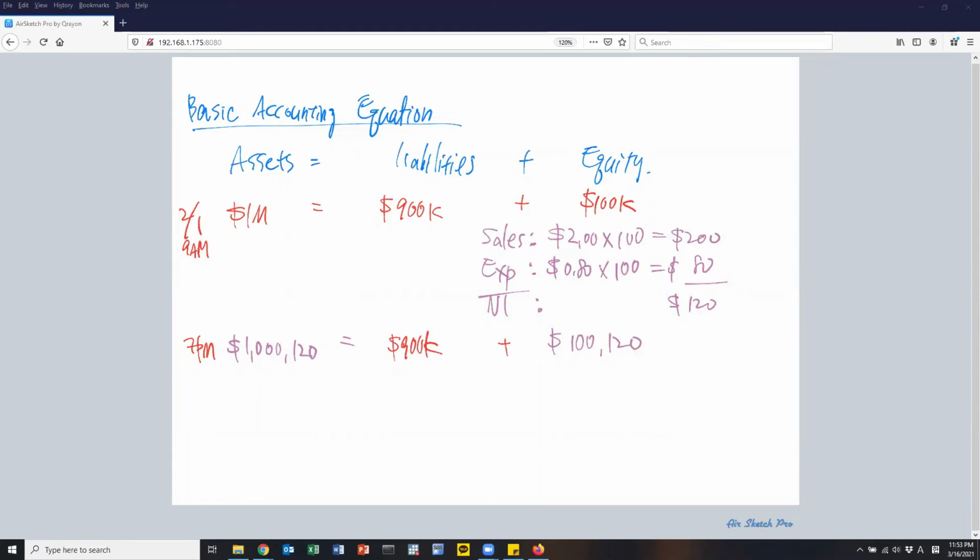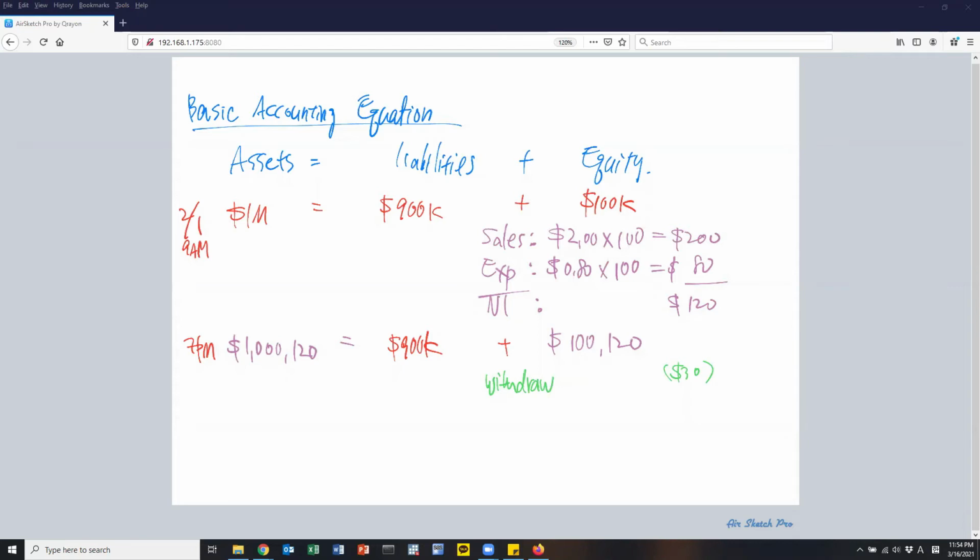What happened extra is I withdrew money from my cash register, 30 bucks. Then what's the change? What's the ending balance?